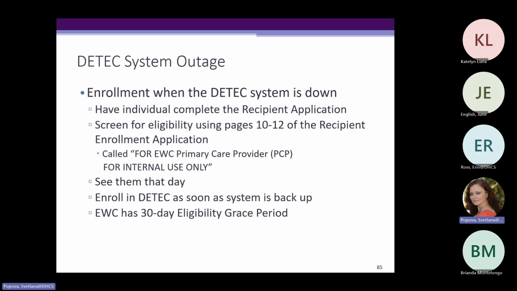Again, that doesn't happen very frequently, but we did have, I believe, half a day of an outage. Whenever that happens and you are alerted, please alert us, because we will put all our efforts into making sure the application platform is up. But the 30-day period was done specifically with the idea in mind that glitches can happen and electronic capability can be down.